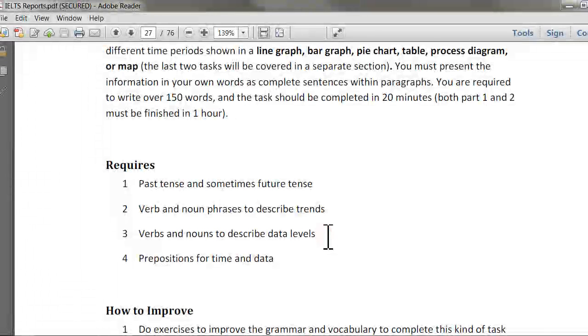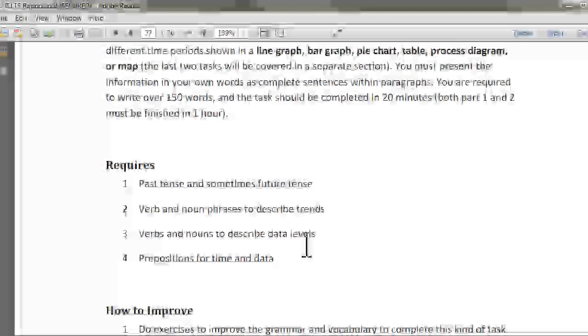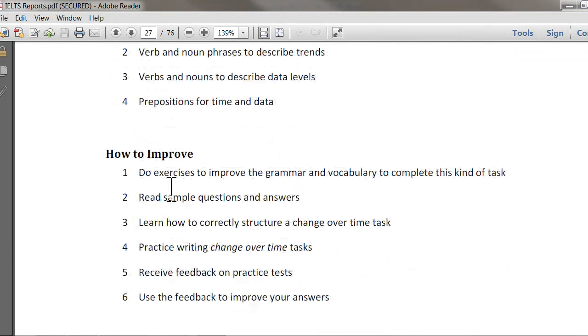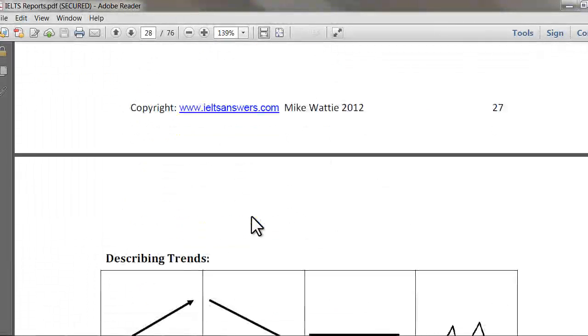You want to use a range of sentences to score well for grammar. So we need to talk about trends and then sometimes data levels. What I mean by that is maybe it peaked at 200 units or $200, and we need prepositions for time and data.